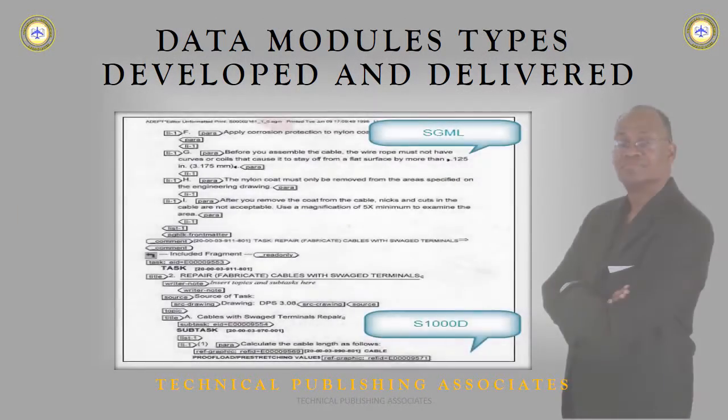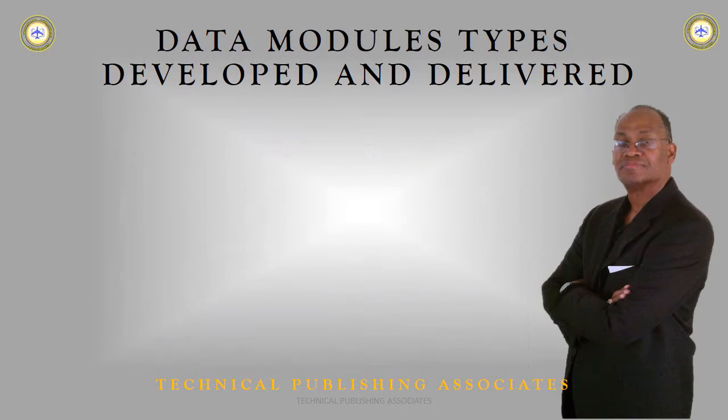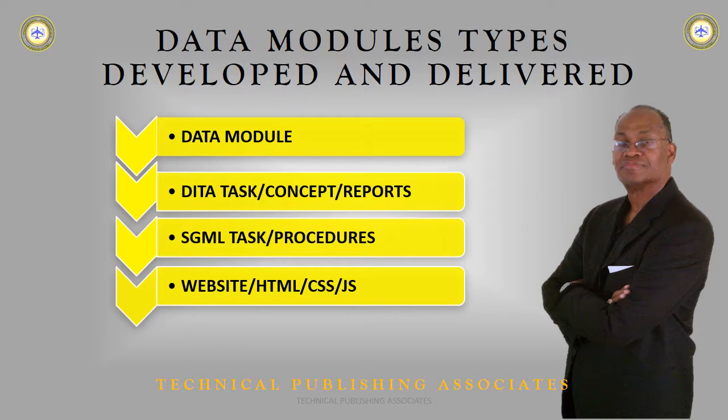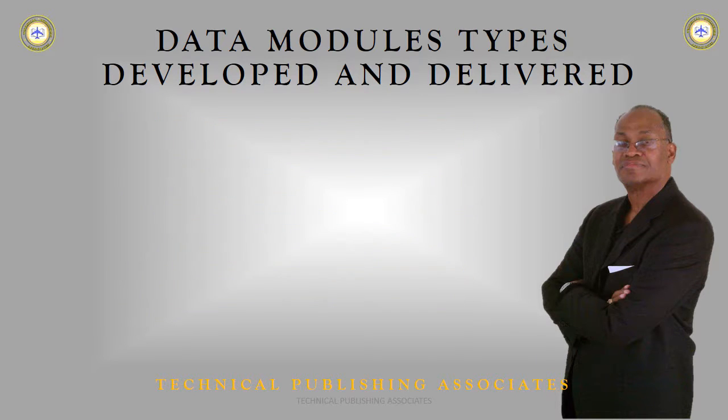The following structured coded documents have been authored and edited using an integrated development environment tool by inserting XML, HTML, CSS, JavaScript, and SGML tags to identify content and to establish structure for transformation and reusability of each data module developed.